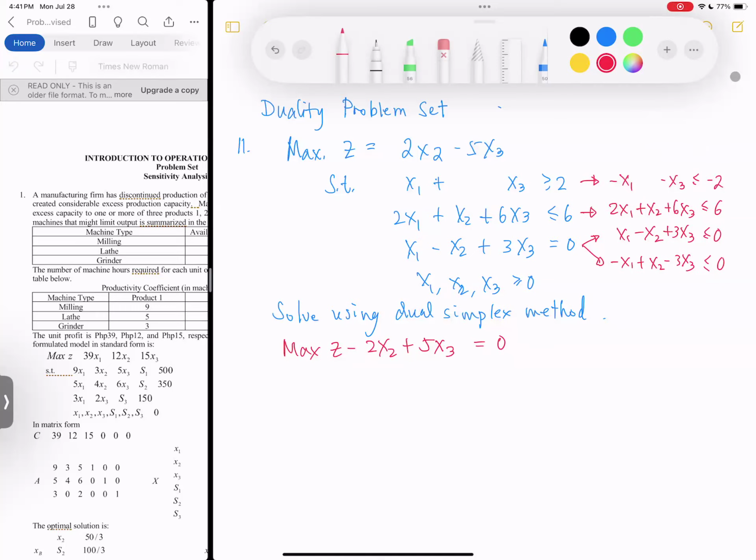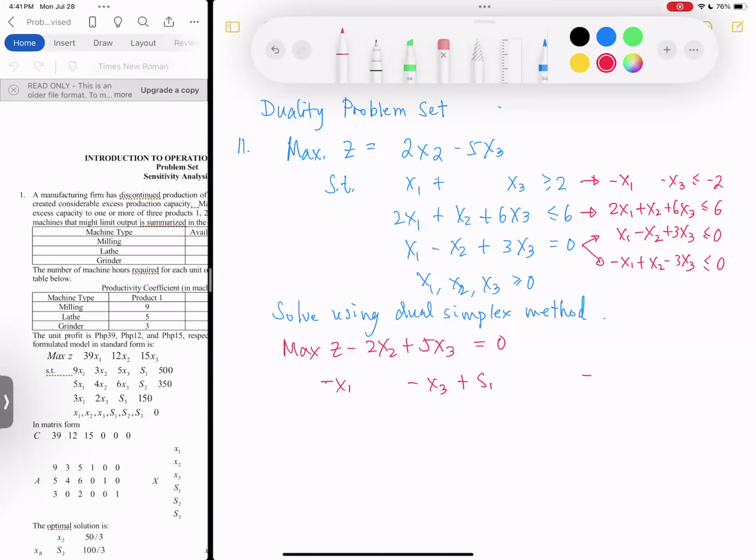Okay, so negative x1 minus x3. Okay, what do we do for the first constraint in standard form? Anyone? Plus S1, sir. Okay, thank you. Plus S1, then it becomes an equality constraint, right?